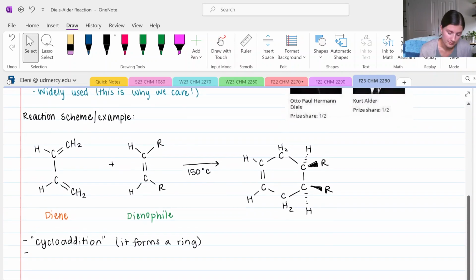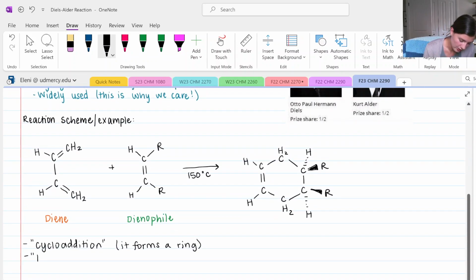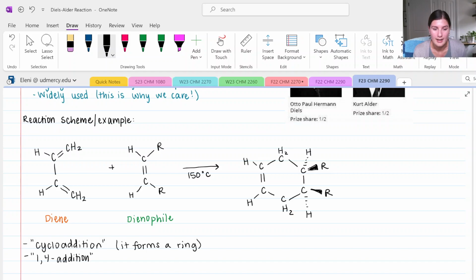Another way to describe this is 1,4 addition, and that's because the dienophile adds to carbon 1 and carbon 4 on the diene.